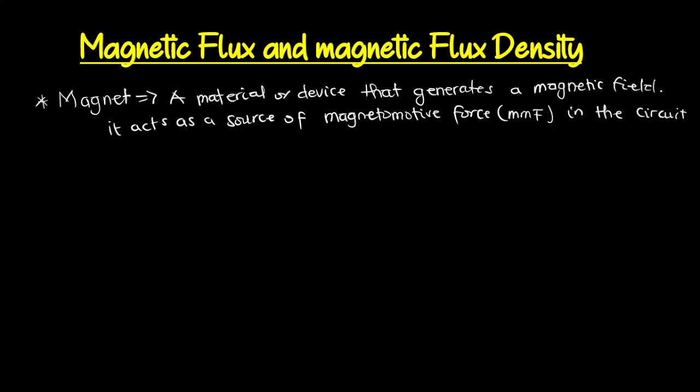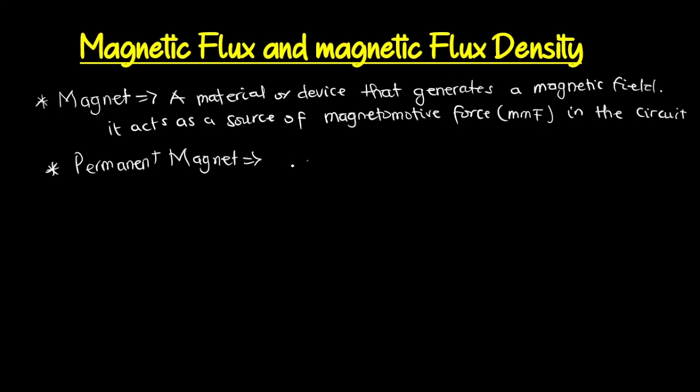Now, another term we want to look at is the permanent magnet. When we talk about a permanent magnet, this refers to a piece of ferromagnetic material, which can be either iron, nickel, or cobalt, which has the property of attracting other pieces of magnetic materials.